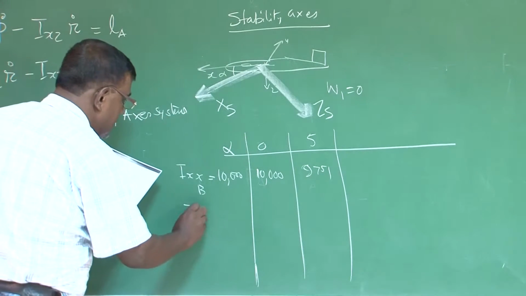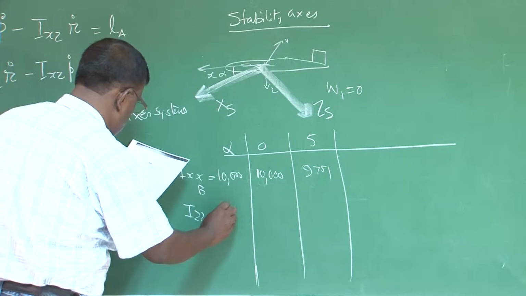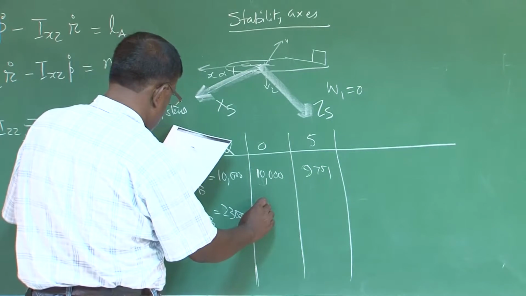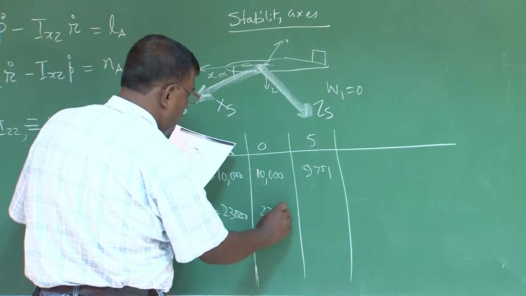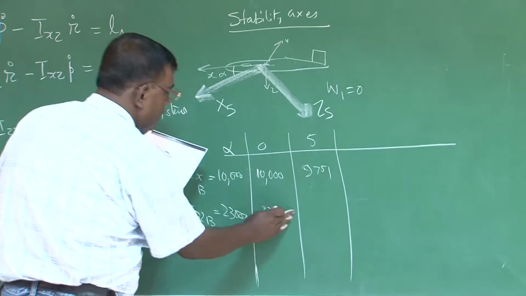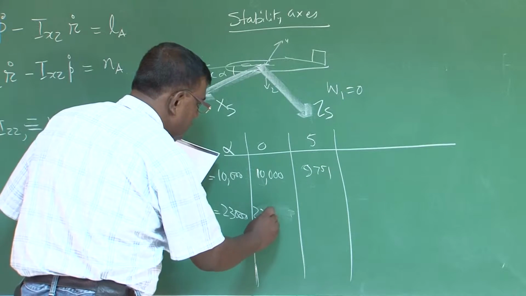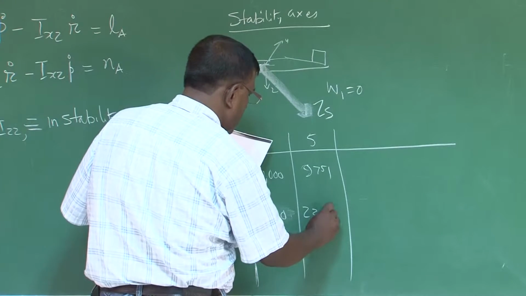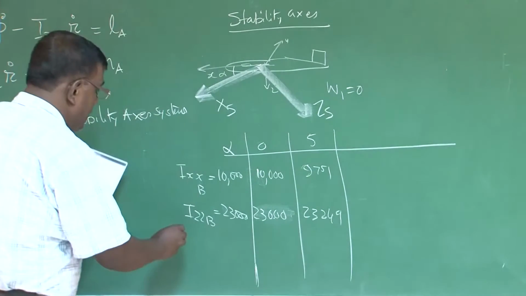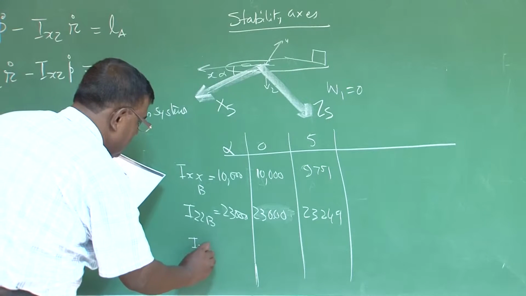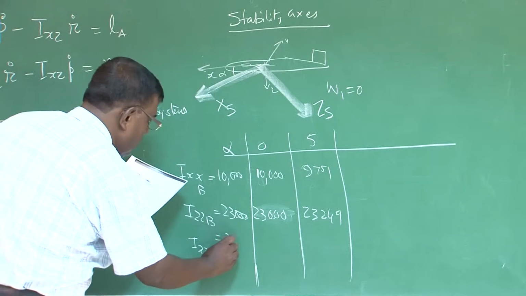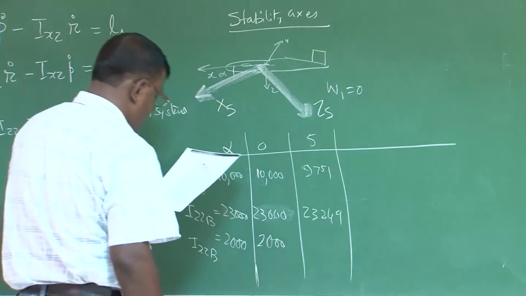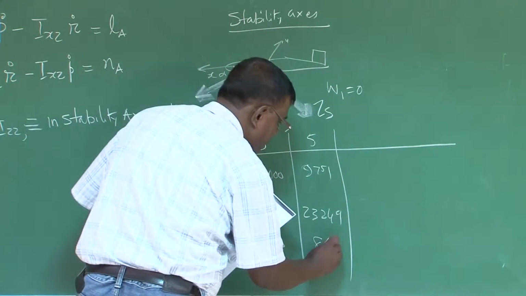Similarly, Izzb, if it is 23,000 for 0 degree, it becomes 23,249 for 5 degree. Similarly, Ixzb, if it is 2,000, it remains 2,000 at alpha 0, but here it becomes 841.